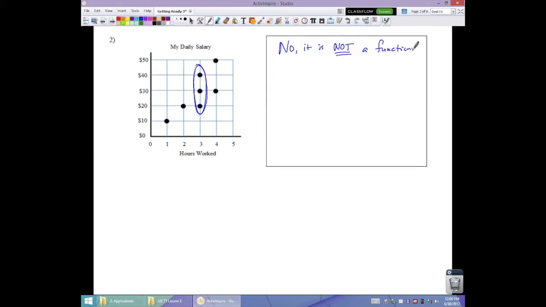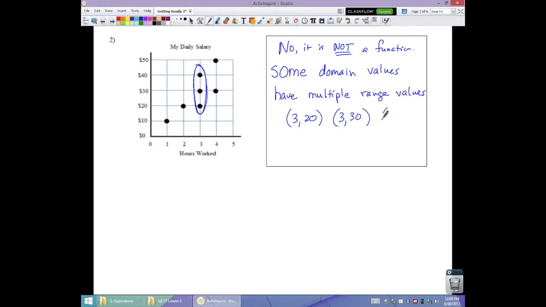And our reason is some domain values, or domain elements, or x values have multiple, or more than one, range values. And it's always helpful then to give an example. My example I saw there was I have 3 assigned to 20, 3 is also assigned to 30, and 3 is also assigned to 40.